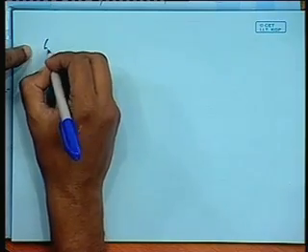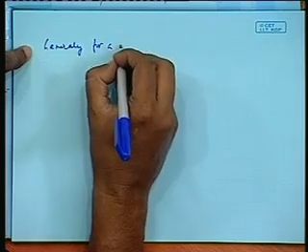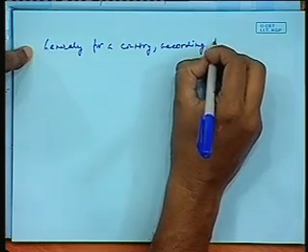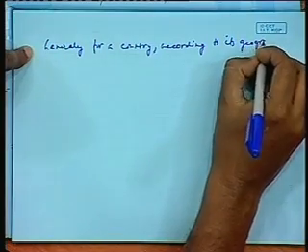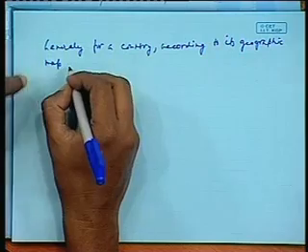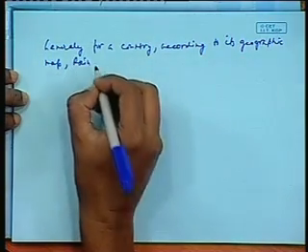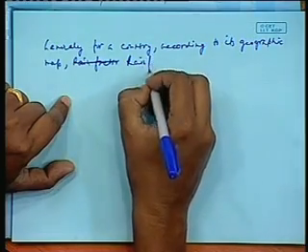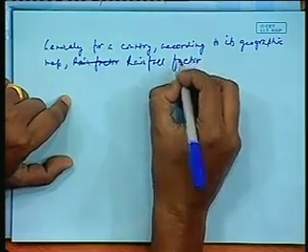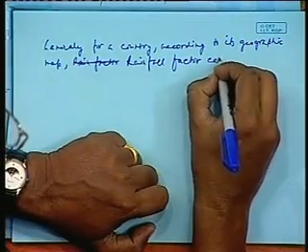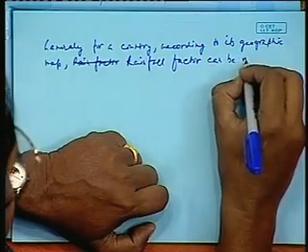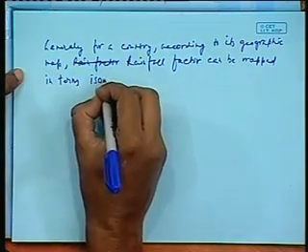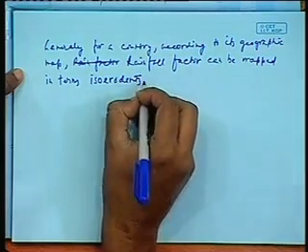See, generally for a country, according to the map, rainfall factor isoerodents.